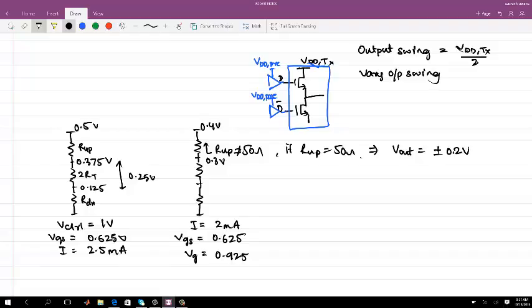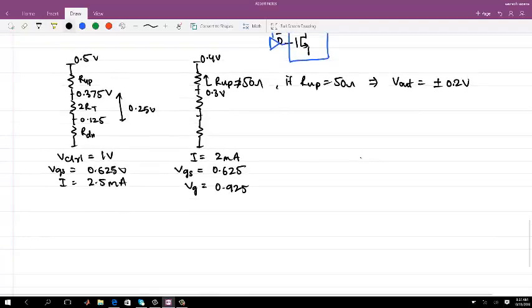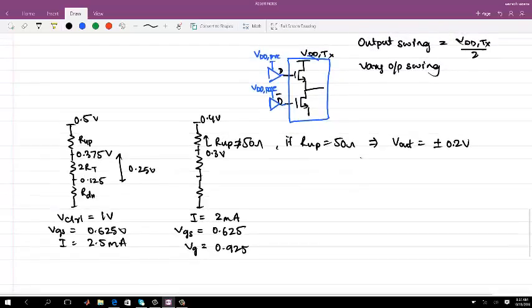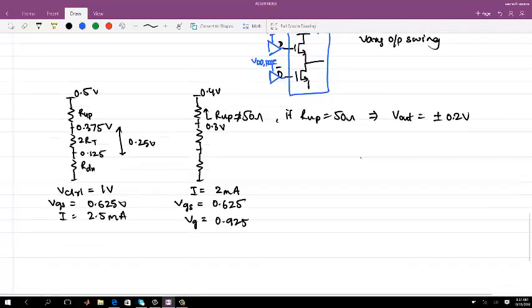The one important thing you should take care of here is that the 2 RT is always 100 ohms, the channel termination. We are not changing this. If this particular thing changes, you need to take this also into account for the termination.